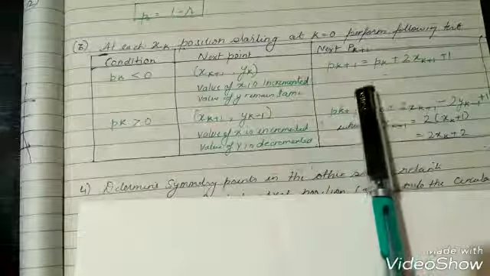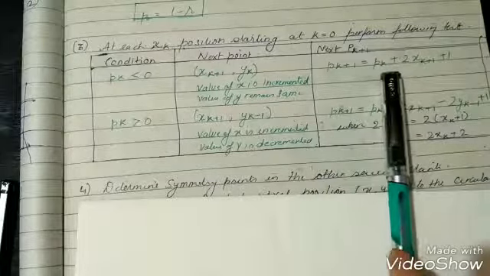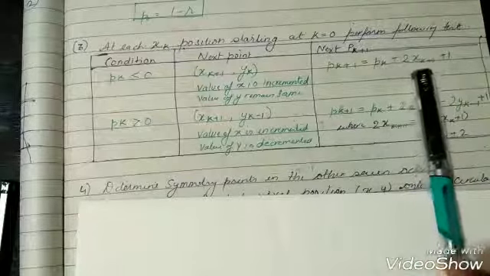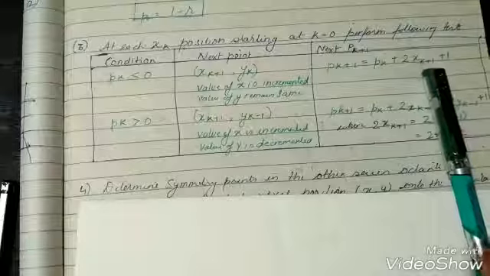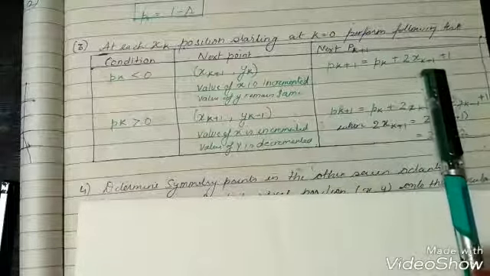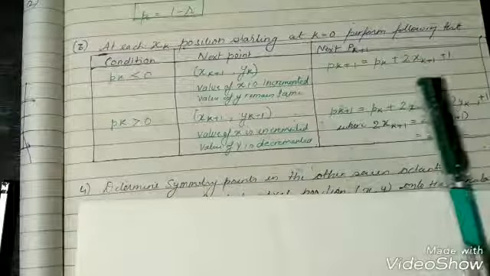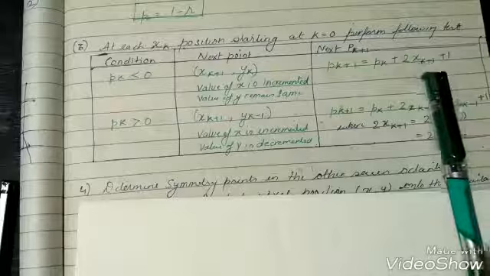The next value of the decision parameter becomes the previous value plus 2 times xk plus 1, plus 1. Right now this may seem confusing, but when you start doing the questions, you will see that xk plus 1 means the new value of x.